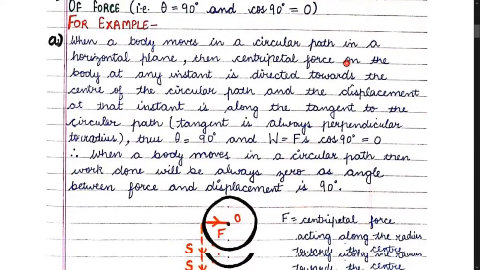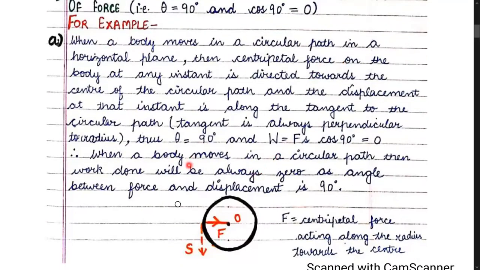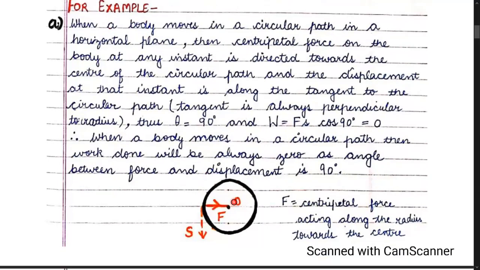Children, when a body moves in a circular path in a horizontal plane, we did in first chapter that when the body is moving in a circular path, there is a special force acting on it, which is directly towards the radius but in an inward direction. So children, what happens when a body moves in a circular path?